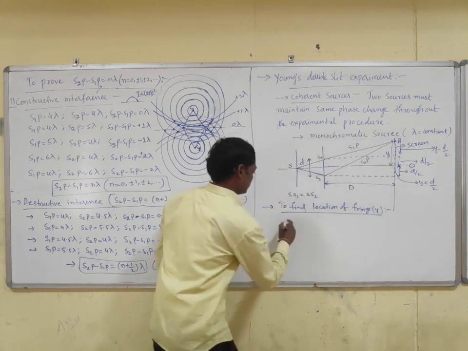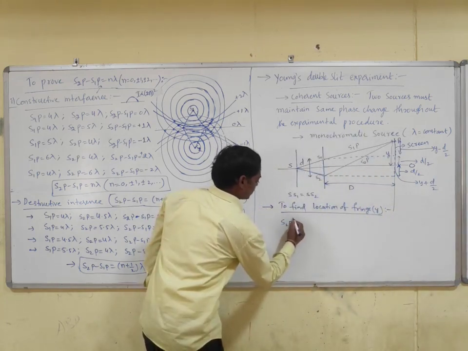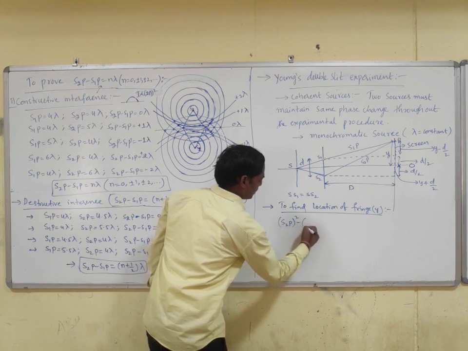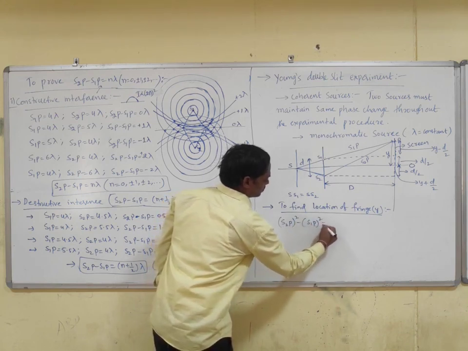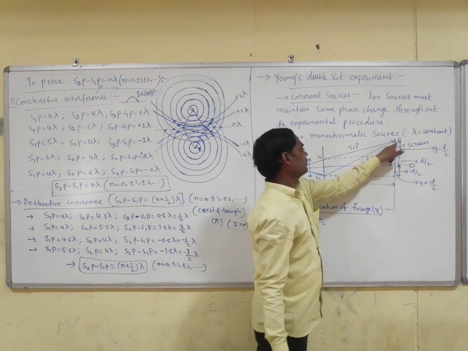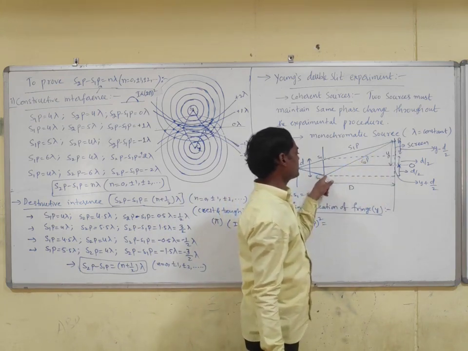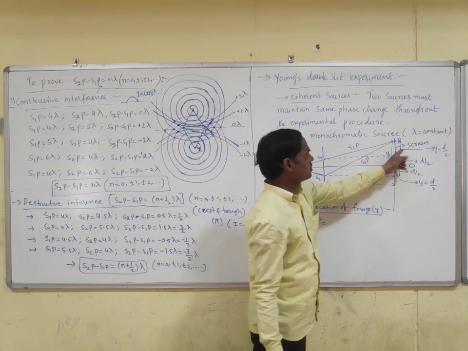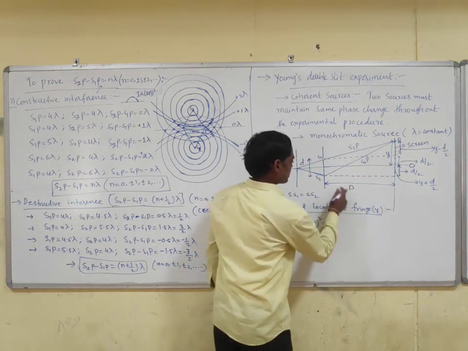Now let us write S2P square minus S1P square. What is S2P square? This is the hypotenuse. Hypotenuse square is equal to side square plus side square. So what is the side square?